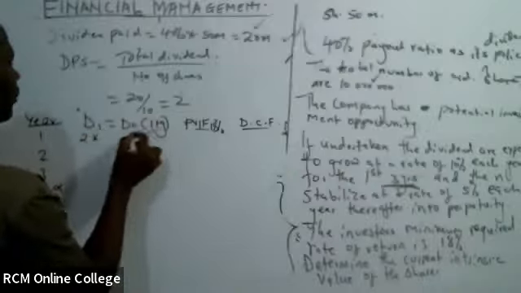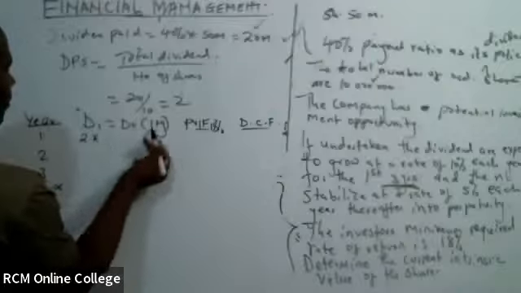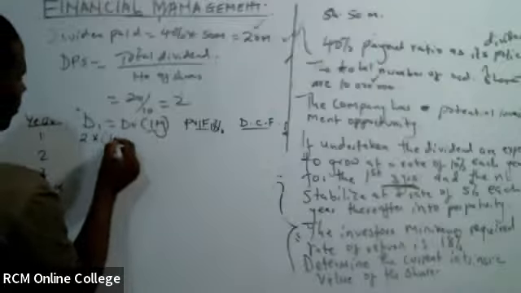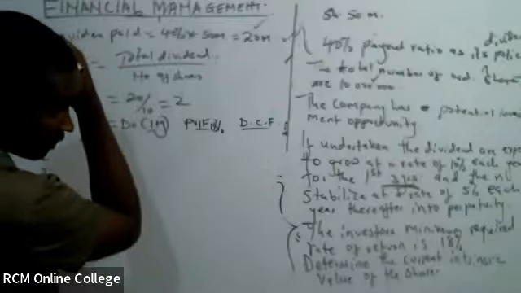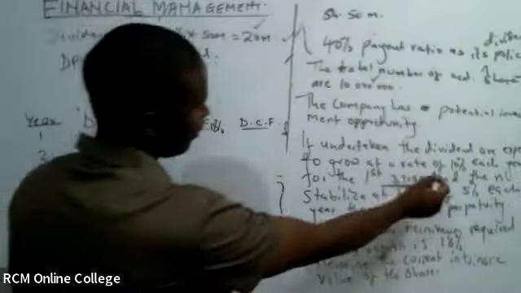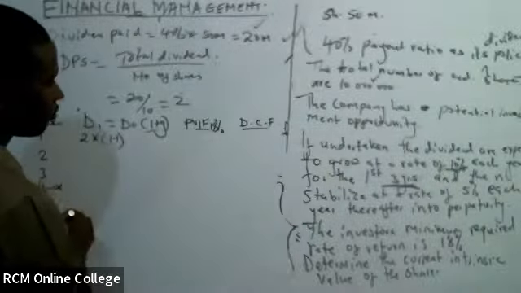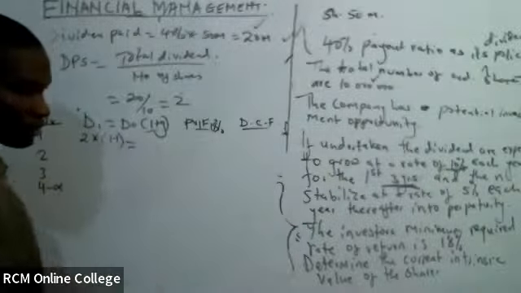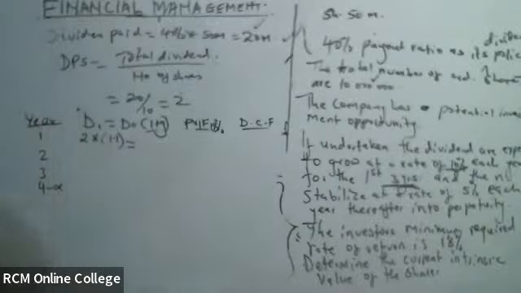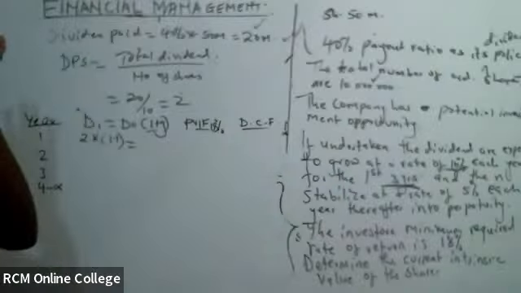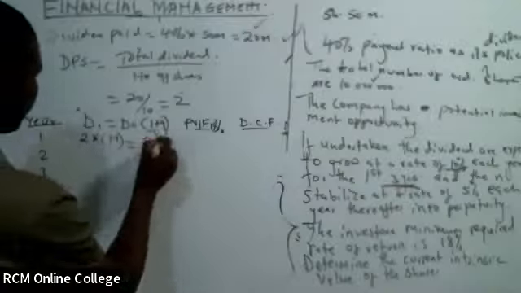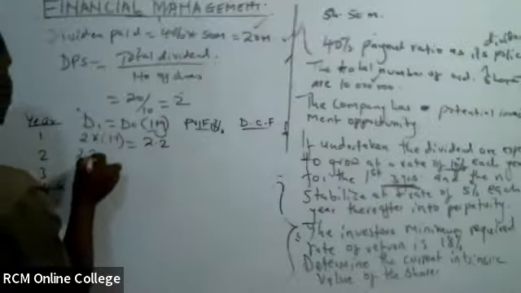We are growing it. Hiyo ni our D, 1 plus G. What is my first G? My first G ni 10%. So 1.1. Inakuwa ngapi? So let's grow our 2. 2.2. Let's grow our 2.2.